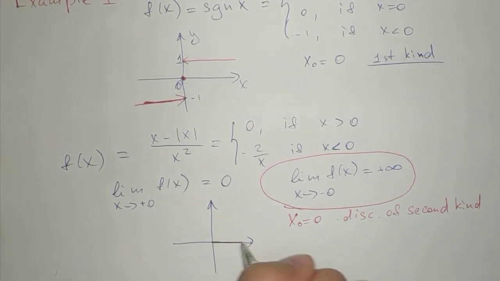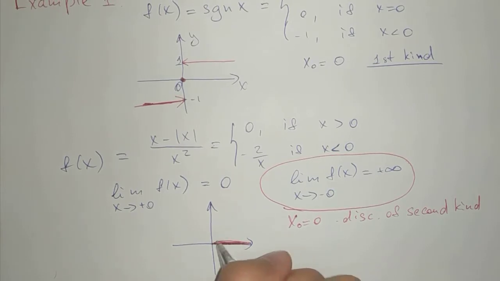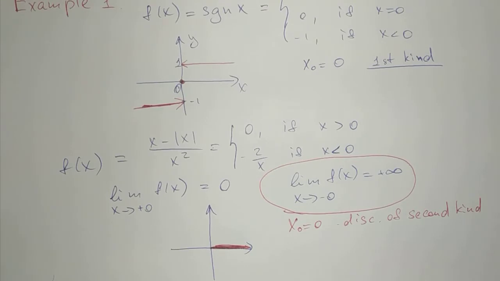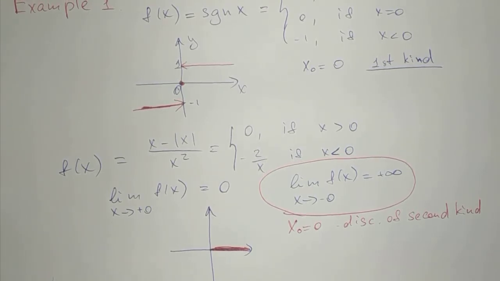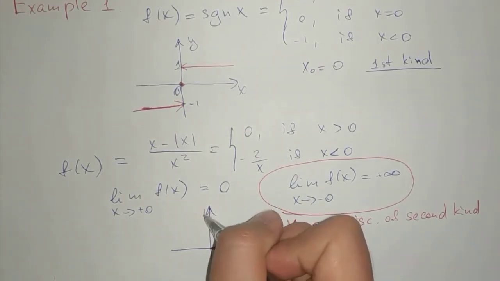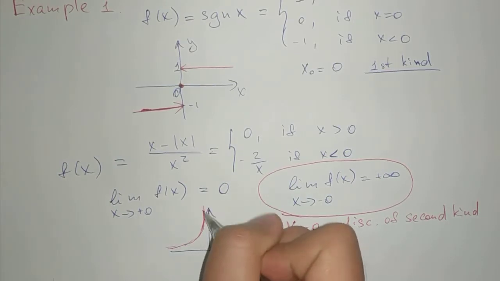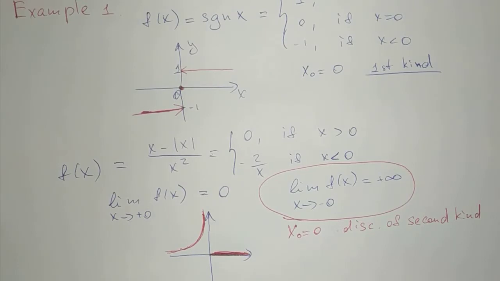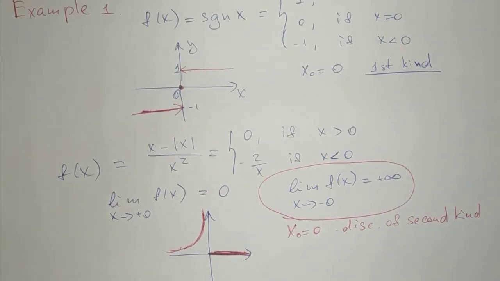And if x is less than 0, it is minus 2 over x. This is a hyperbola, so it goes like this. So we can see here also the discontinuity at the point 0.